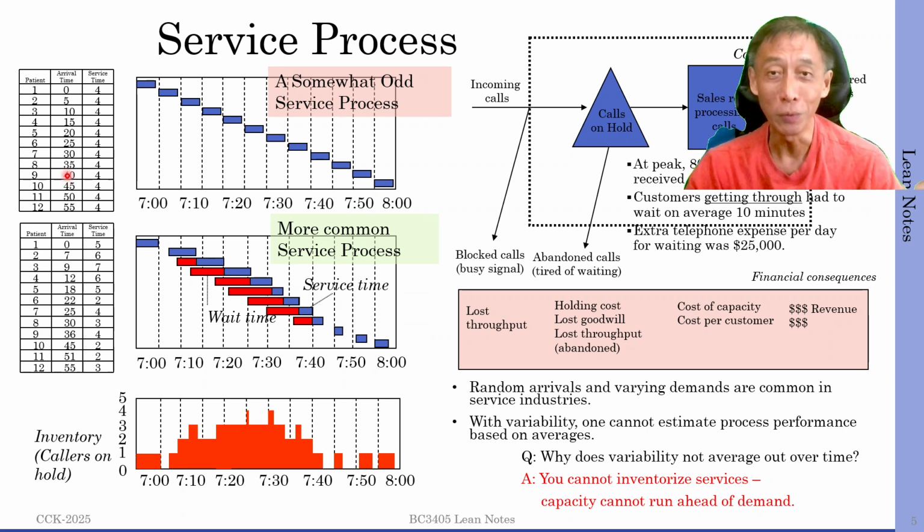So if you put both to be 0, then you have, in this case, a time series. So the x-axis is time. As time passes, you will see arrival. Arrival is the left edge of the customer in this case. And the blue length represents the duration of the service.